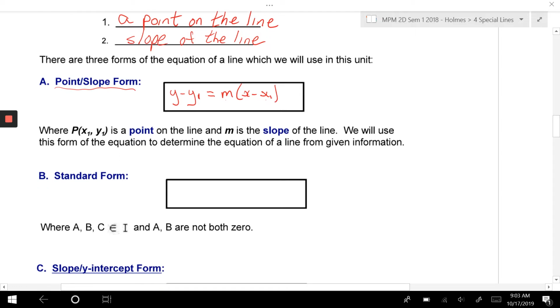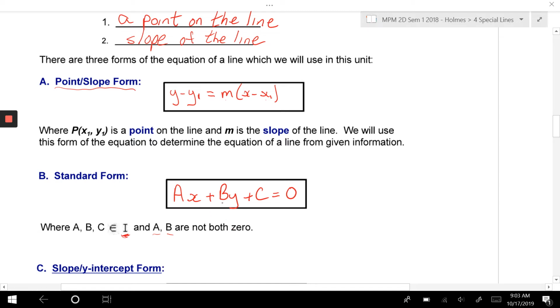That's the standard form of an equation that we just need to memorize. Standard form is where we have our coefficients a, b, and c, and that becomes ax plus by plus c equals 0. That's known as standard form. And remember that there's a special condition that a, b, and c cannot be fractions. So we say a, b, and c belong to the integers, and that a and b are not both 0.